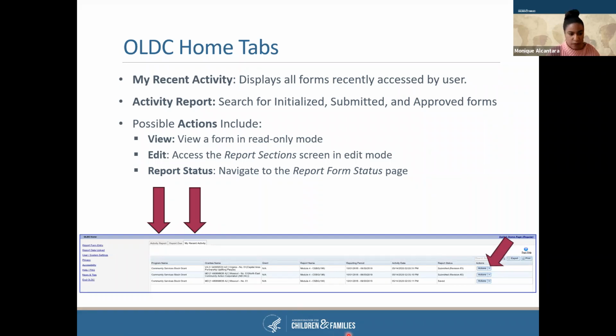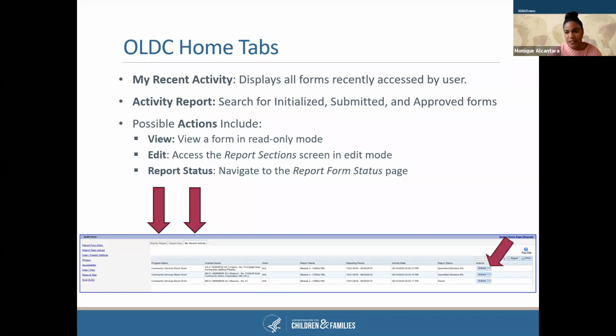And then just to go through it briefly, this action screen does allow you to look at your activity report, reports due, and my recent activity. If you do look at the reports due tab and you see that there is a due date that is not June 30th, it's okay, you're not going to get dinged.